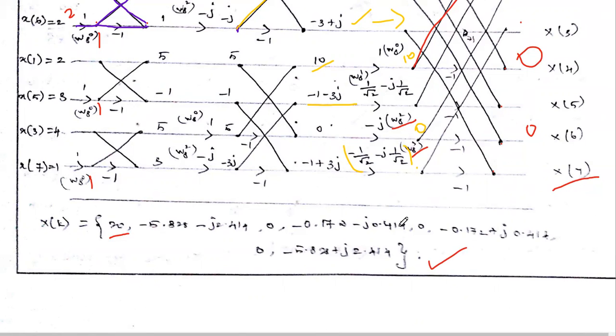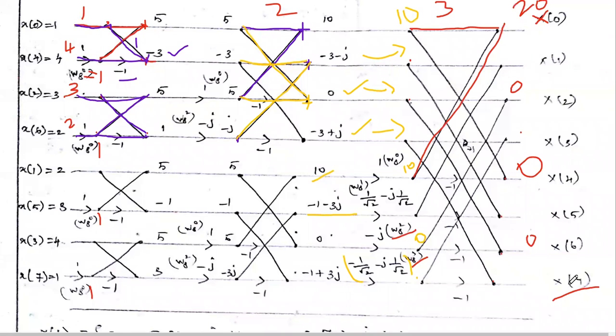Okay, so next, after calculating the answer, we have to check whether this answer is correct or not. I already told in the previous video how to check whether this X of k answer is correct. In X of 0 to X of 7, how can you check whether the given answer is correct or not? In those 8 answers, the first answer, capital X of 0, is nothing but the addition of all small x of n values.